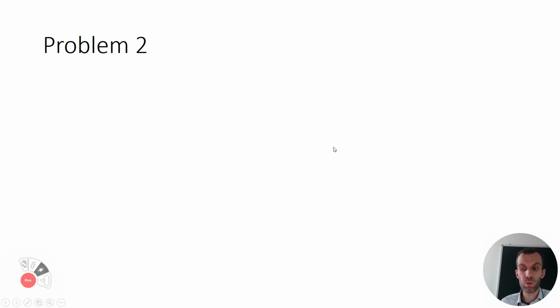Okay, so let's do one more problem like this. For the next problem, the statement is a bit more involved. Here, we don't know the size of the triangle, but we know its proportions.